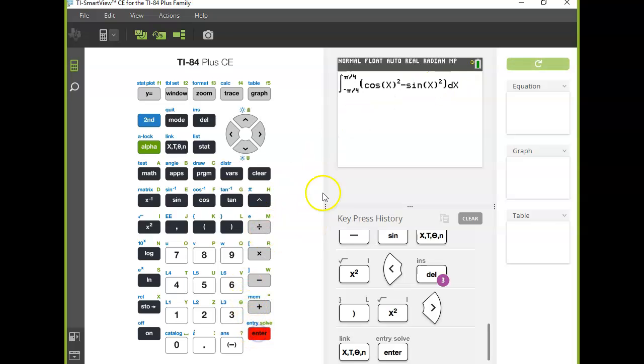I already checked to see that I was in radian mode, and we should get 1. Okay, so notice how our calculator, we can only use x variable, we can't put y in here. So even though you do have the ability to find the letter y, I haven't tested that, but I don't think it's going to treat that as a variable. So you should use the x variable.